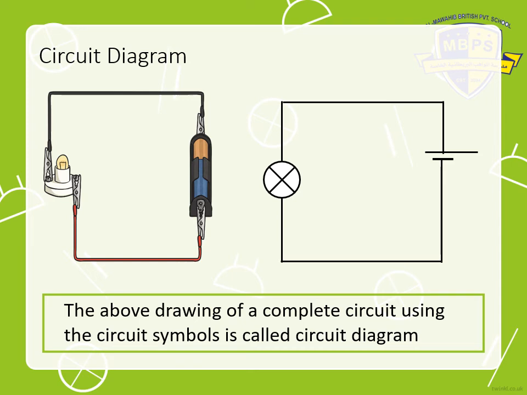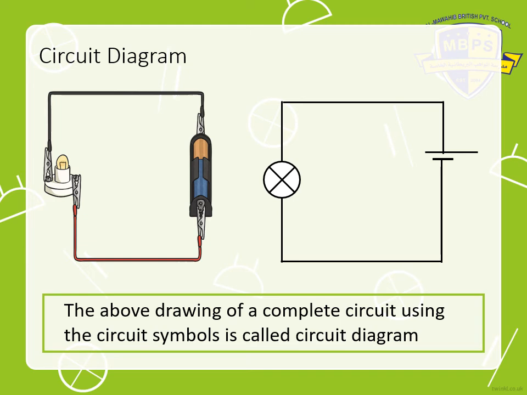You can use your pencils and your scales and draw a simple circuit diagram, which is very easy to draw compared to showing a lamp, one battery and wires. Using circuit symbols, circuit diagrams are much easier.